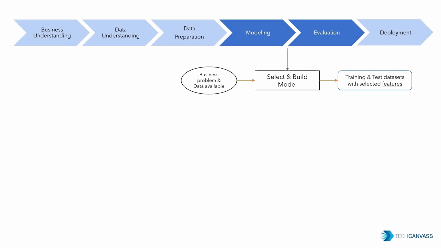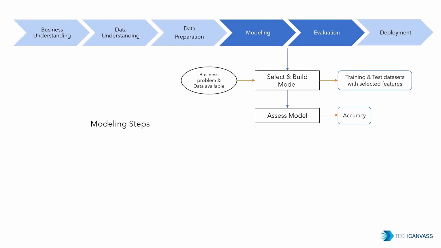The model will learn how to do this prediction using the training data. We will then assess the model on test data to see how the model is performing by comparing the actual and predicted results. We keep fine-tuning the model until the desired accuracy is reached.